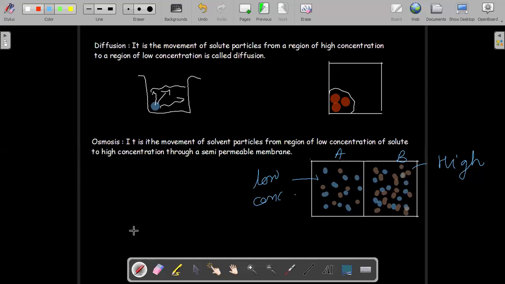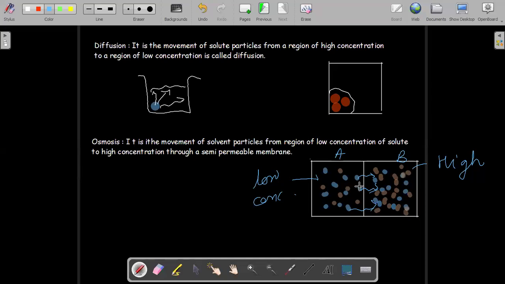That is, the molecules of water will start moving through it. Got it? On this side we have a low concentration of solute, and on this side a high concentration of solute. So if more particles of water are added on side B, then the concentration would become the same.